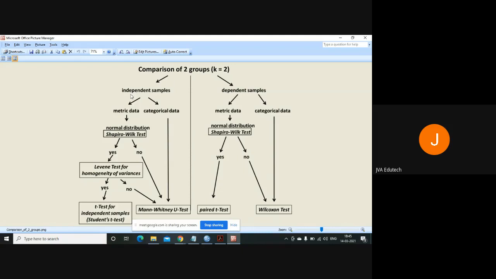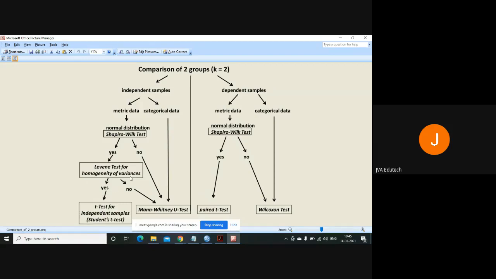So to check this equal representation, you have to check Levene's test of homogeneity of variances. If this condition is satisfied, then go for the independent sample t-test.